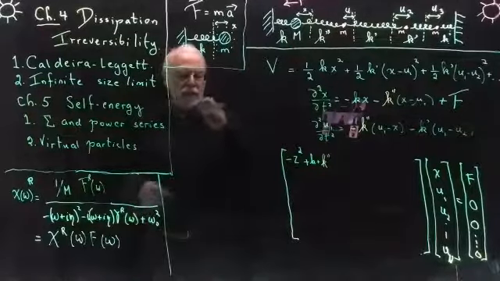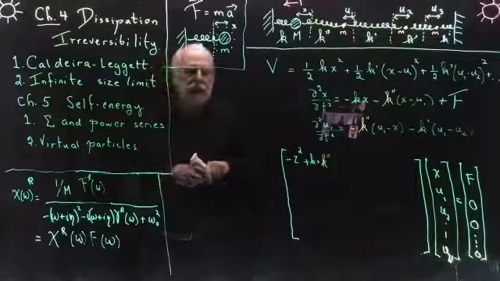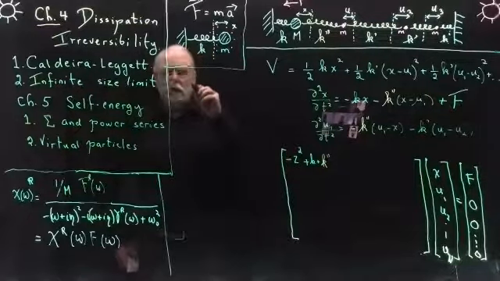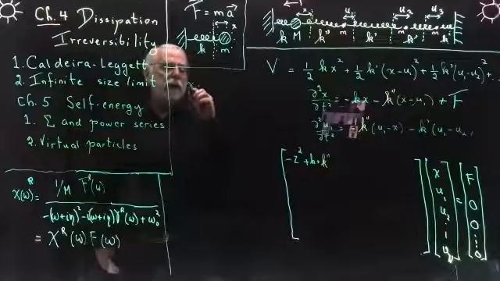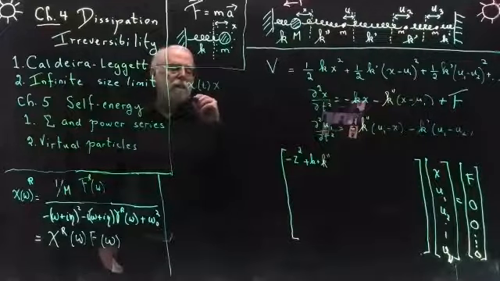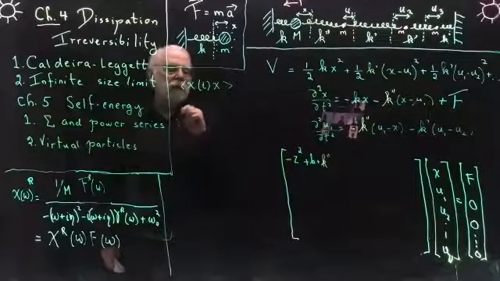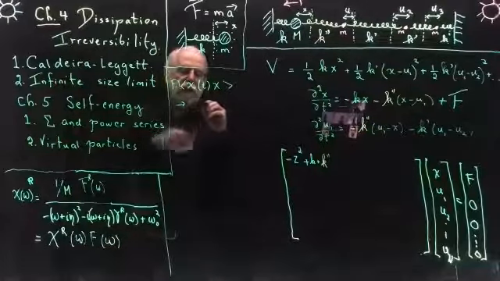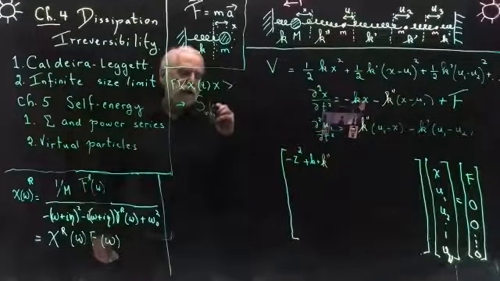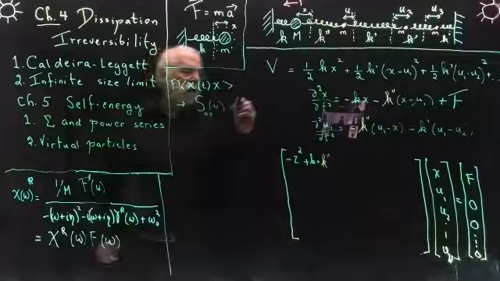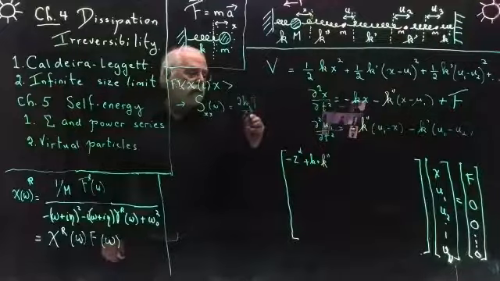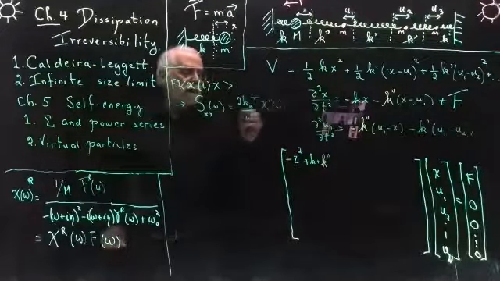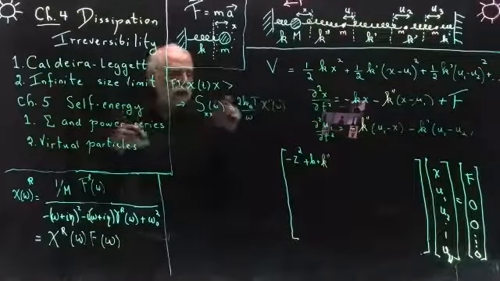What we mean by fluctuation dissipation is that the Fourier transform of this quantity, which is the fluctuations, let's write it as S_x of omega, is equal to 2 k_B T over omega times chi double prime of omega. So the fluctuations here are related to the response.